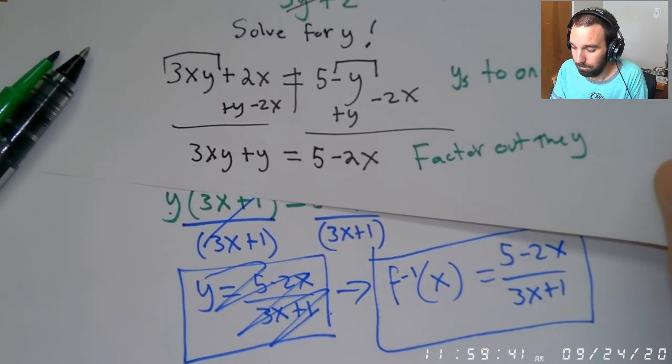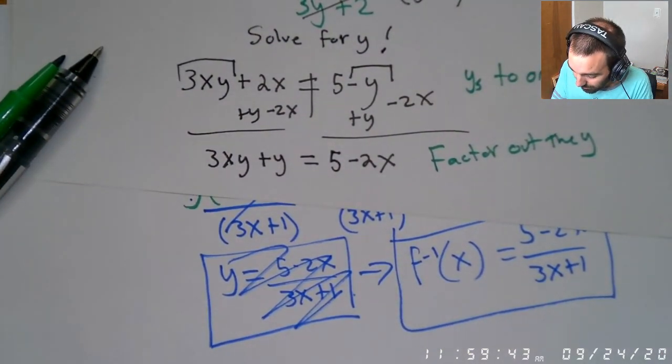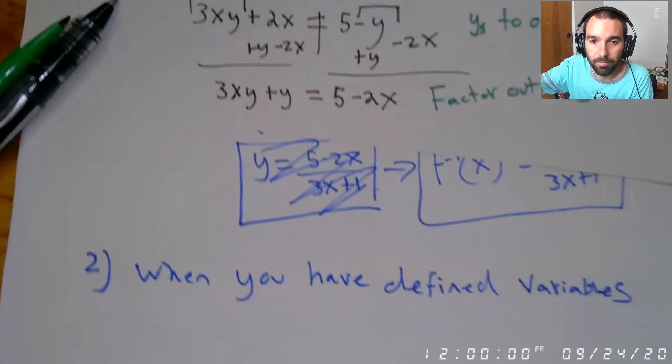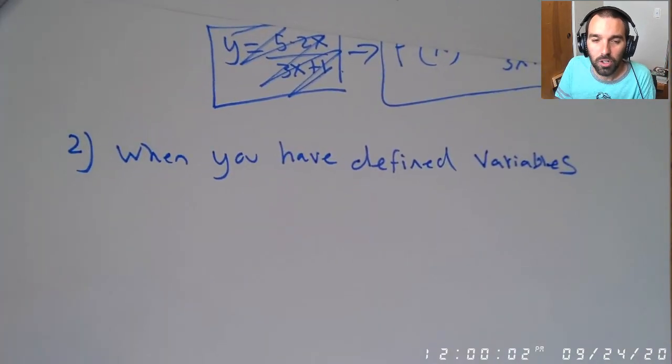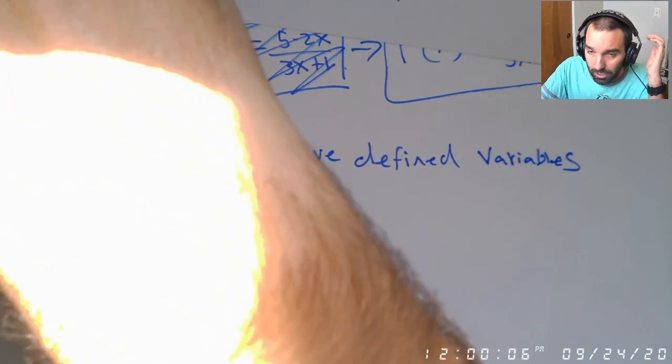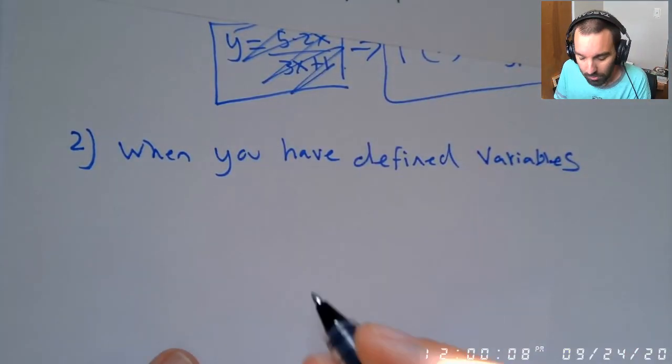Okay, cool. The second situation is when you have defined variables. We're almost never going to use this in the class, but you need to know it because science uses this, right?